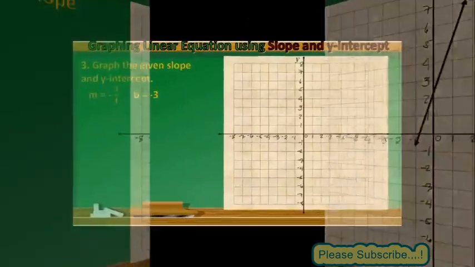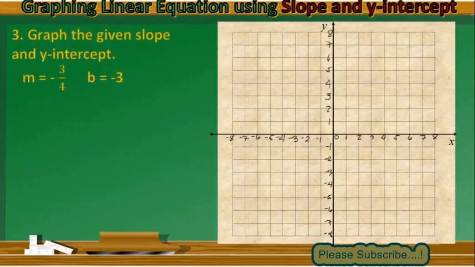Okay, next problem. Graph the given slope and y-intercept. m equals negative 3/4 and b equals negative 3. So our y-intercept is negative, so we look at the y-axis. Negative 3 is here. Then our slope is negative 3 over 4, so our rise is negative 3.